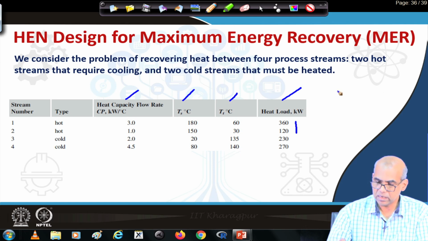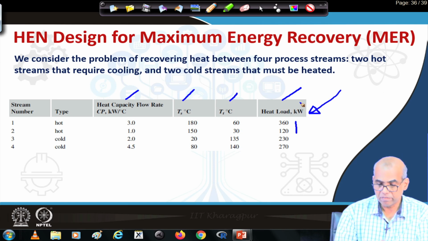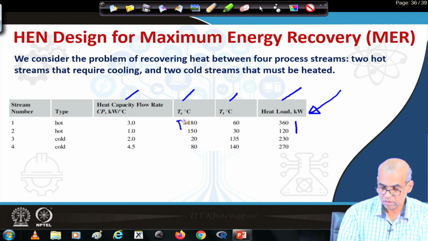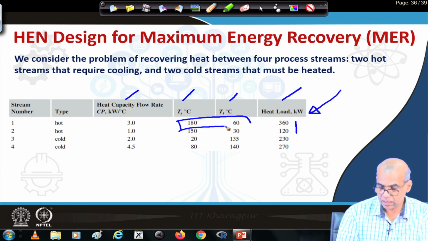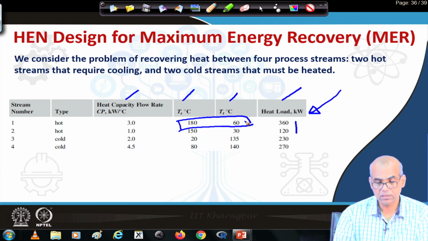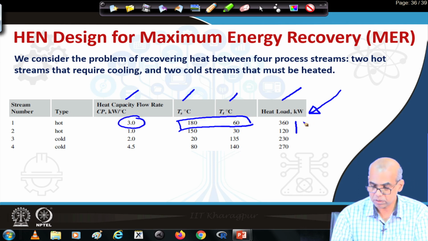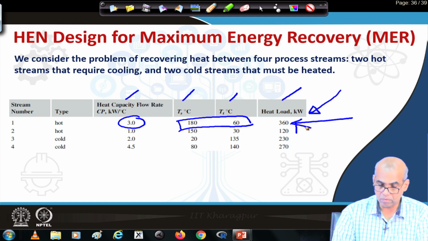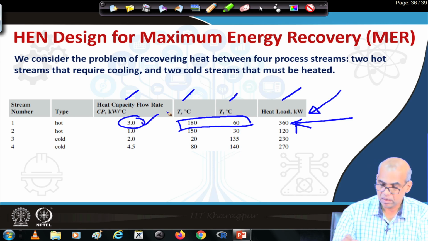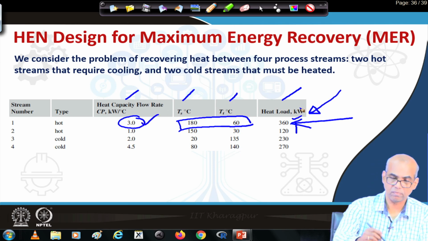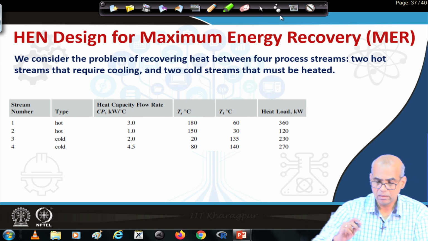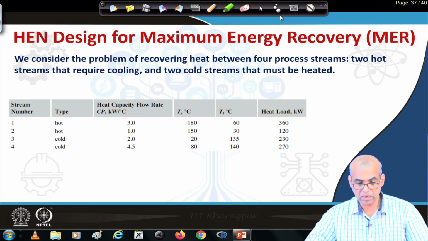Note that this heat load is obtained as difference of supply temperature and target temperature multiplied by the heat capacity flow rate. For example, for this particular case, with the first stream, which is hot stream, 180 minus 60 is 120, multiplied by 3 is 360. So, the data about the streams are given.